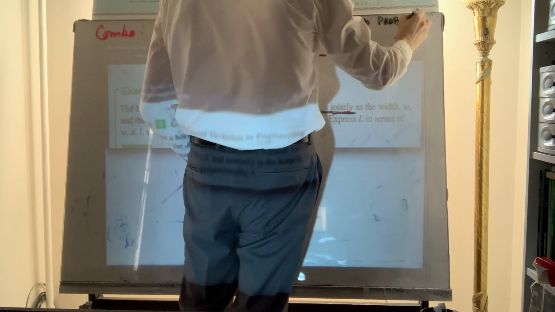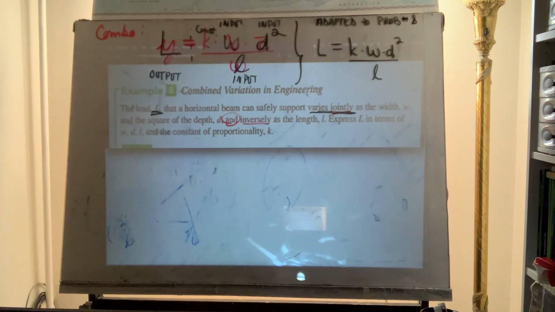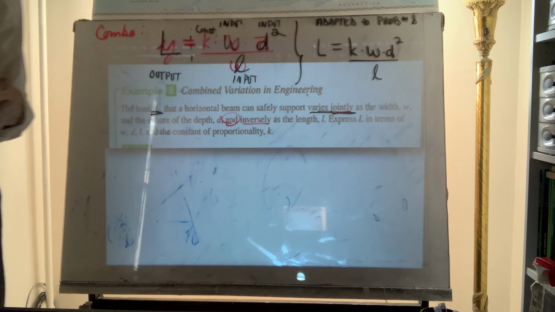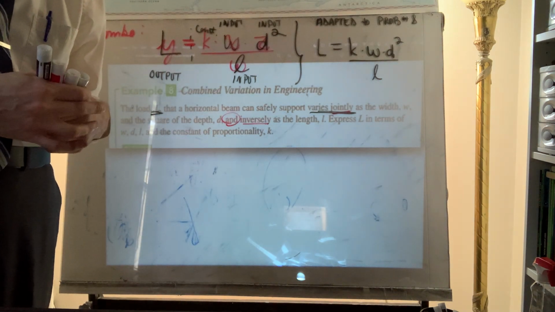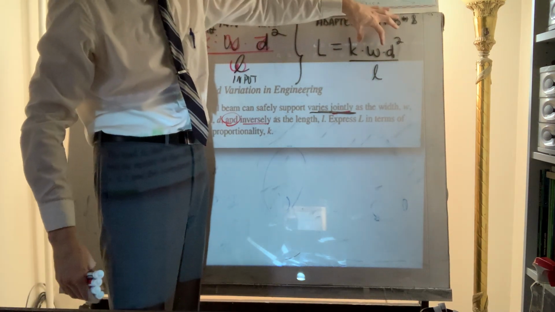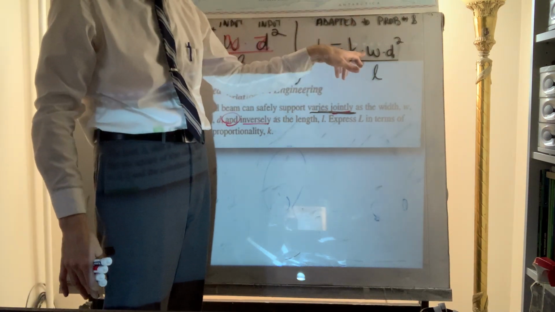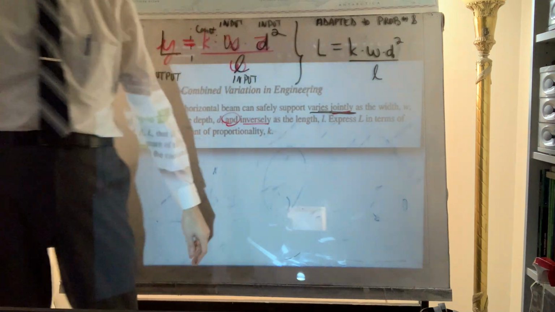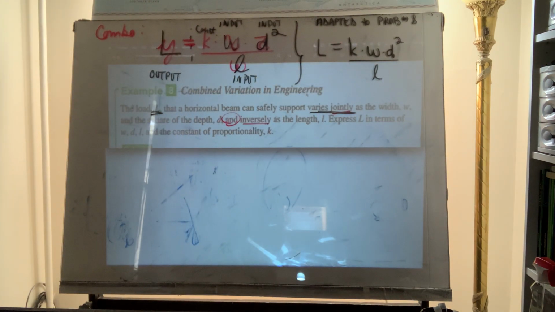Number 8. L equals K times W times D squared all over l, lowercase l. You could, if you feel more comfortable, bunch these things together. I kind of like having them in the factored style. That's the only reason I'm doing that. It's a personal preference.